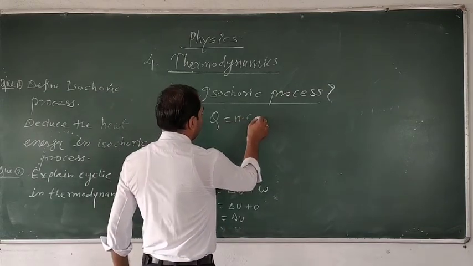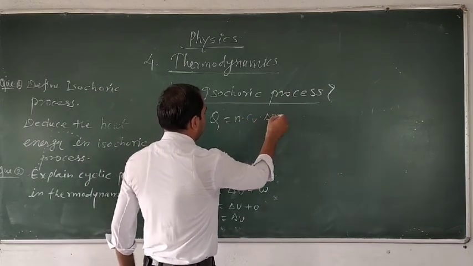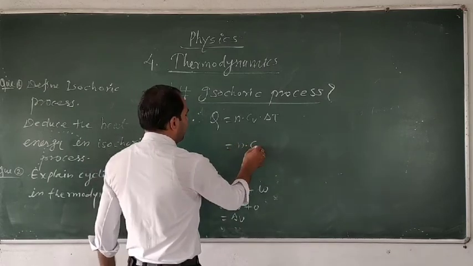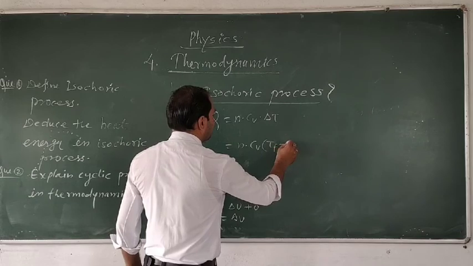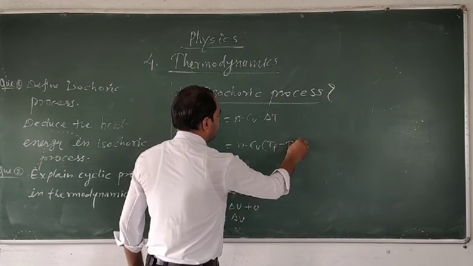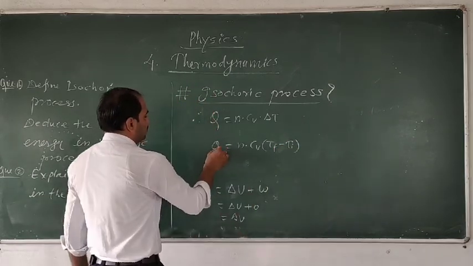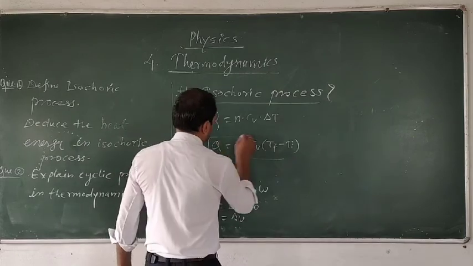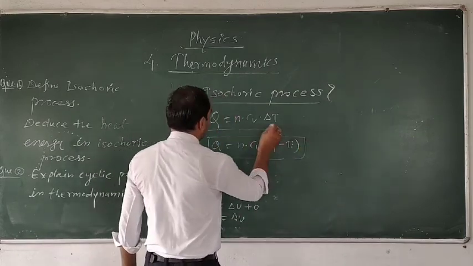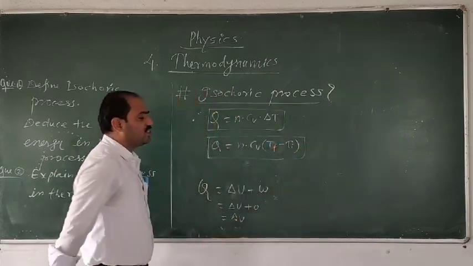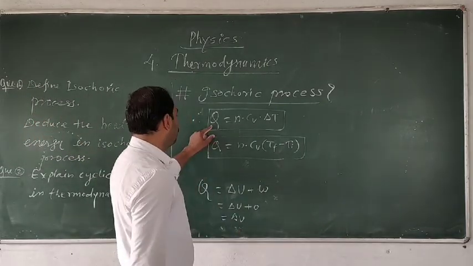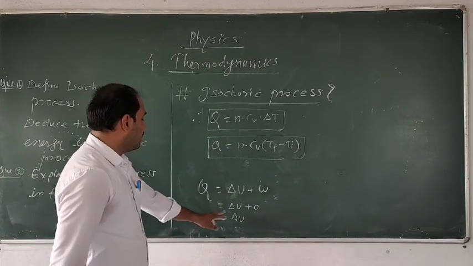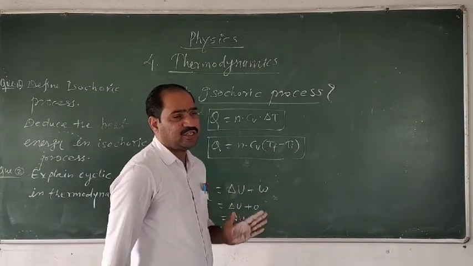Delta U has the value n Cv delta T, that is n Cv into the final temperature Tf minus the initial temperature Ti. So Q is equal to n Cv delta T, which means it depends on the change in temperature. Therefore, Q is equal to the internal energy change.